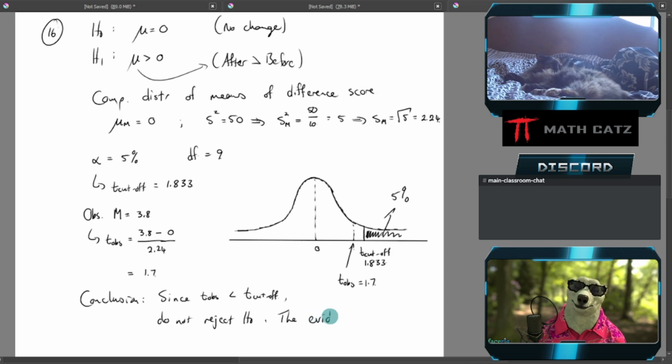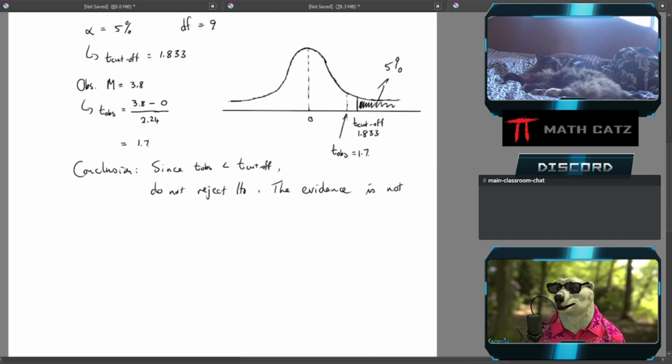But we can say something like, the evidence is not strong enough to suggest a change, let's say here, in before versus after results.